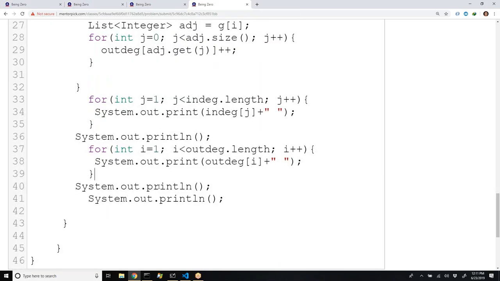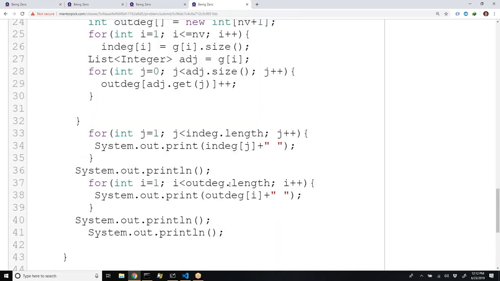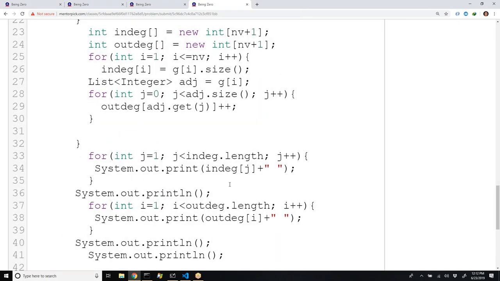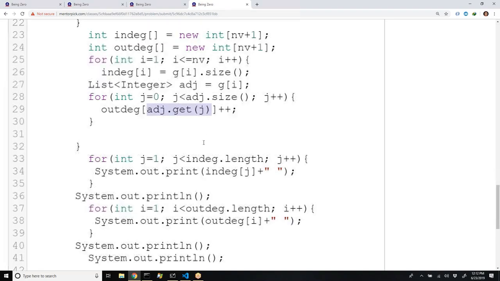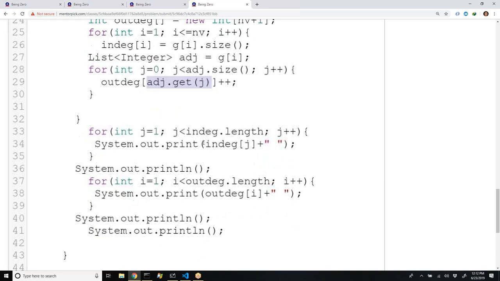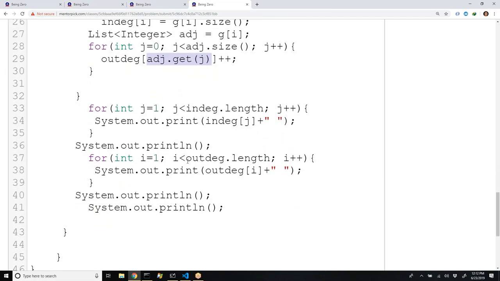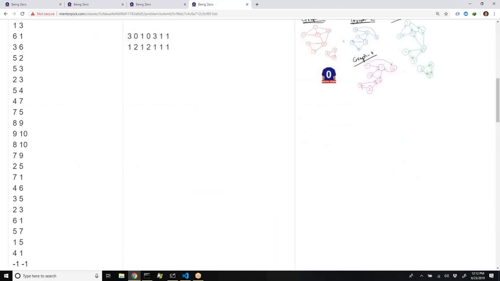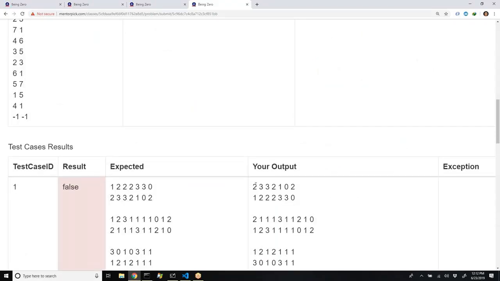Now what mistake is there? What error are we getting?